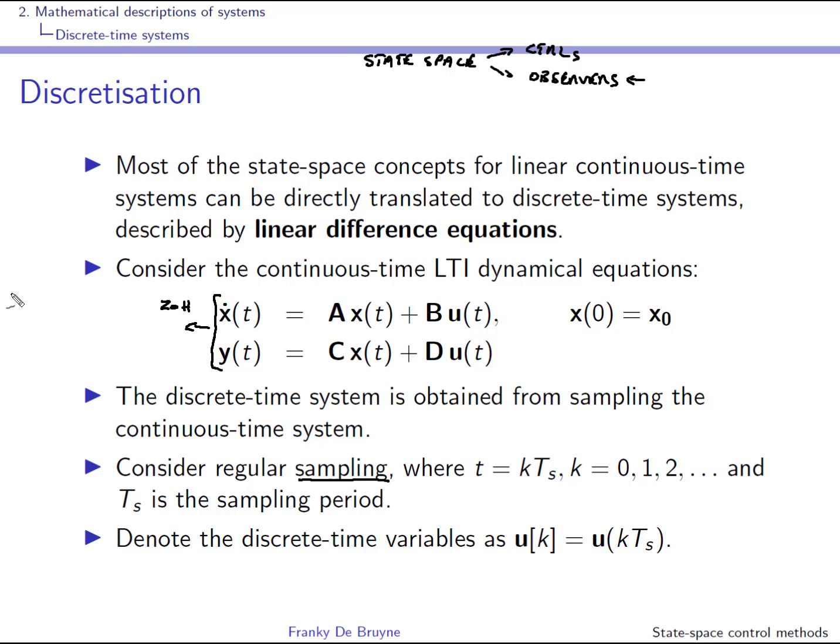Okay, so we'll end up with a model that will be discrete and that will have this form. And it's a better idea then to do the design of the state space controllers and the state space observers on this discrete design that captures the effect of the zero order hold.